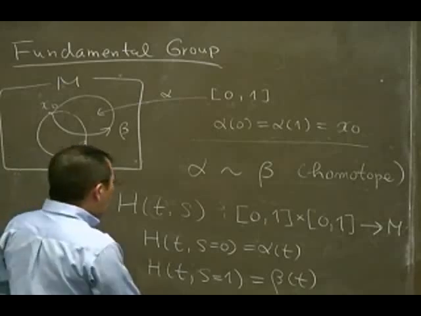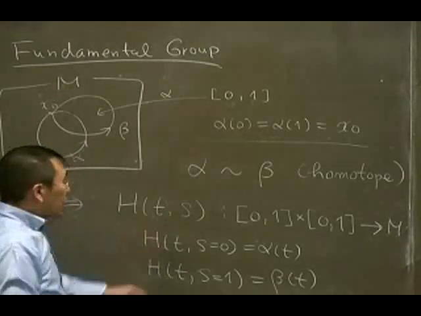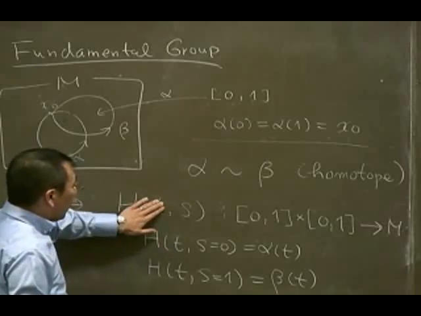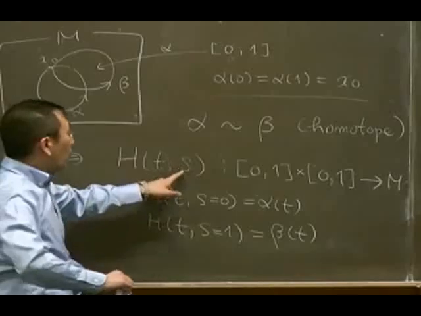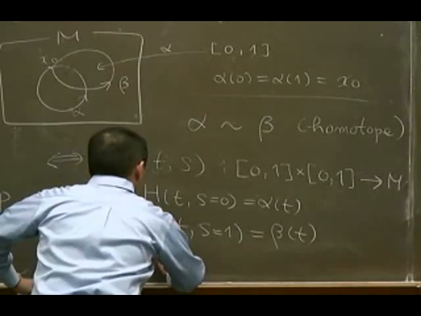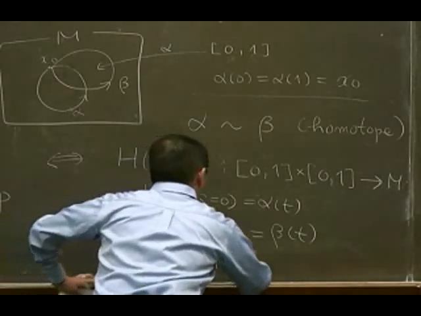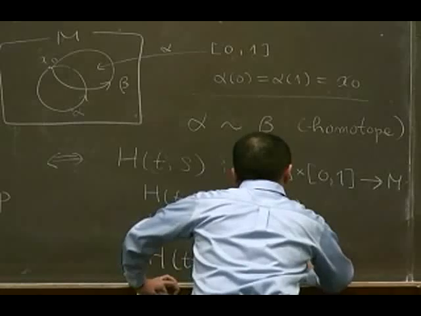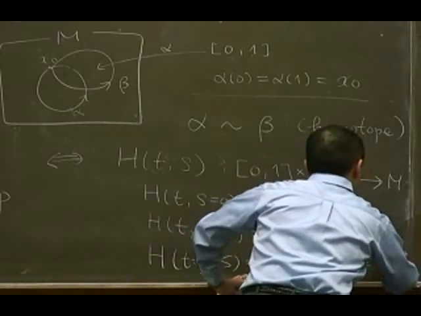Moreover, during the process, it has to continue to be a loop. That means that at t equals 0 and 1, this has to be equal to x naught for all values of s. So you have one more condition, that h of t equals 0, s and h of t equals 1, s has to be x naught.